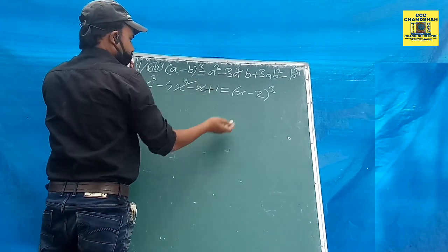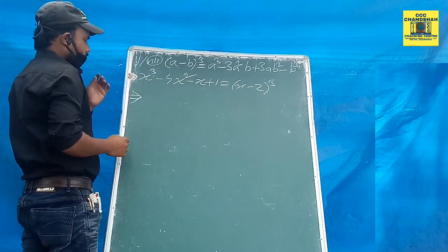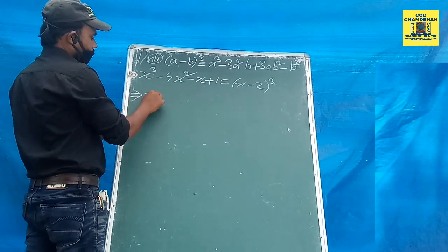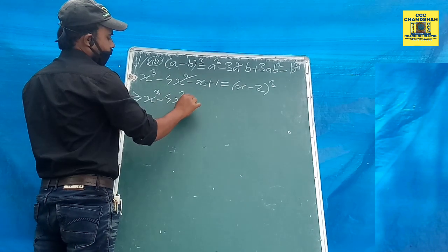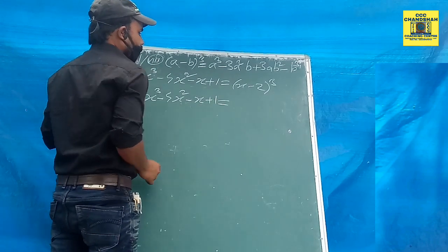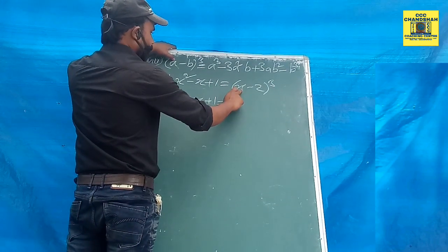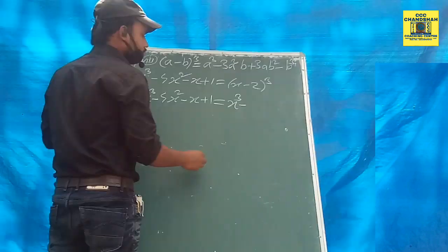So it will be applied here in this sum. x cube minus 4x square minus x plus 1. In place of a there is x, so we write it as a cube.